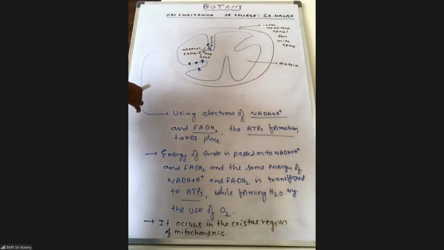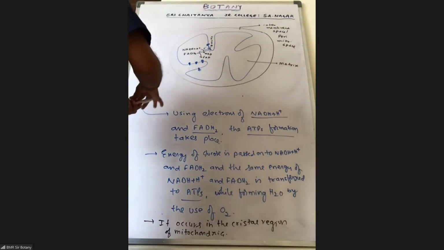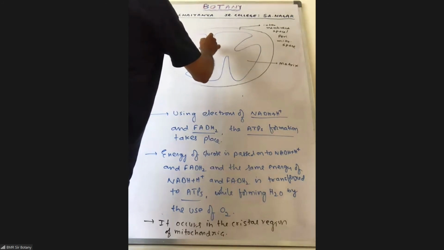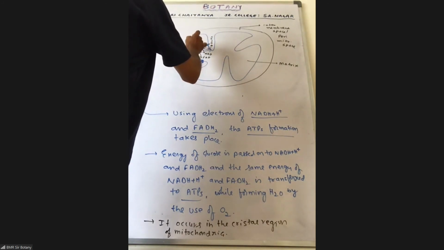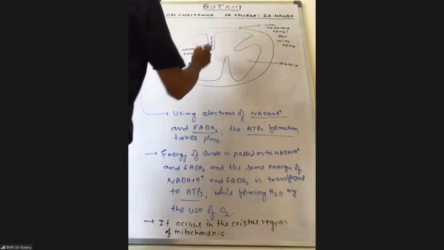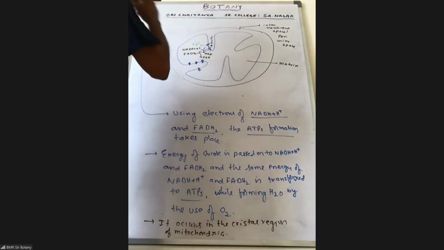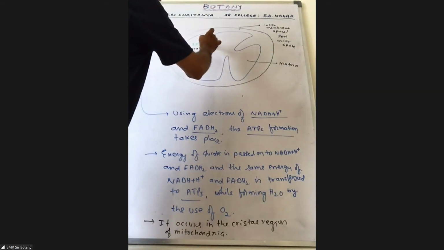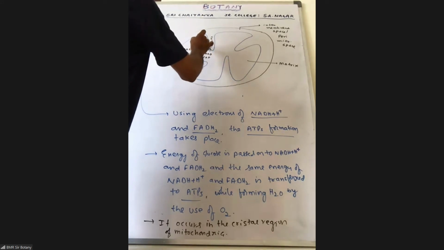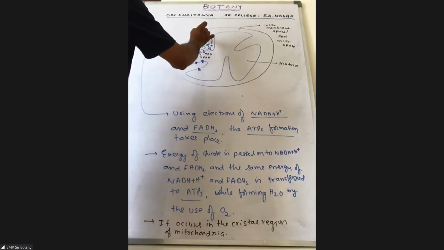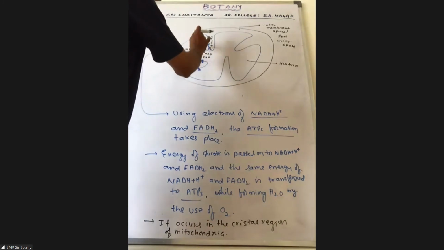These protons on their way back through protons carrier, every 3 protons. First they were taken from matrix into intermembrane space with the help of electrons. On their way back, you see here ATP formation by combining ADP with inorganic phosphate.